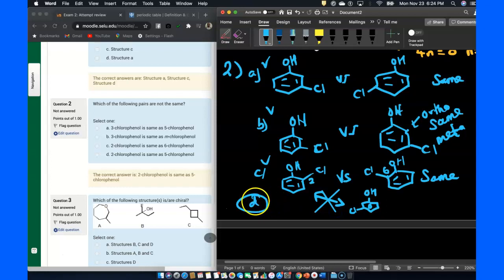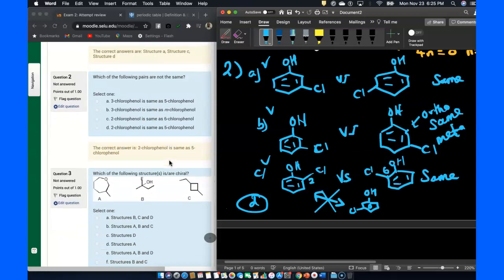So the answer is D. 2-chlorophenol is not the same as 5-chlorophenol. We are looking for which of the following pairs are not the same. The answer is D according to my alphabet here. Your alphabet might be different, but the answer is the same. 2-chlorophenol is not the same as 5-chlorophenol. So this is the answer.